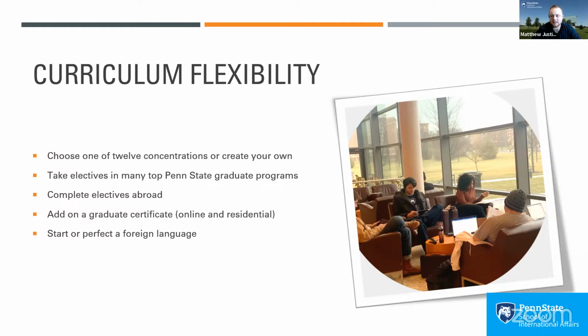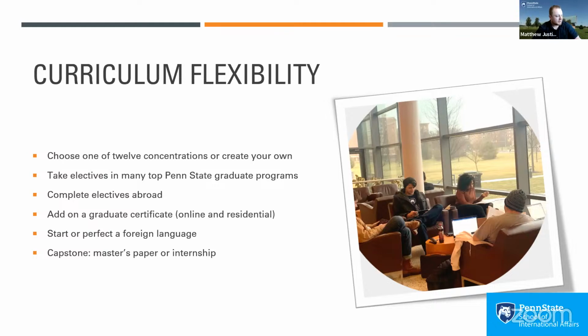So if you come to Penn State having only taken Spanish 1 and 2 at your undergraduate university, you can take Spanish 3 and 4 here at Penn State, and you'll have met our requirement. If you have already met that requirement and you want to either continue that language or learn a completely new language, that opportunity is available to you as well. And again, with education abroad, you can only get better with that immersion.